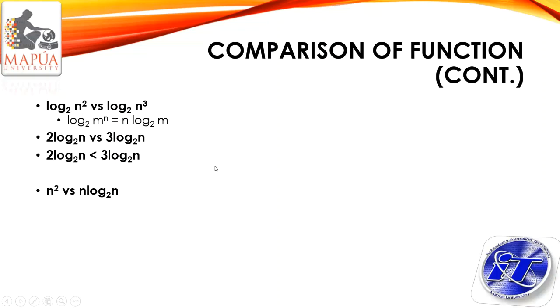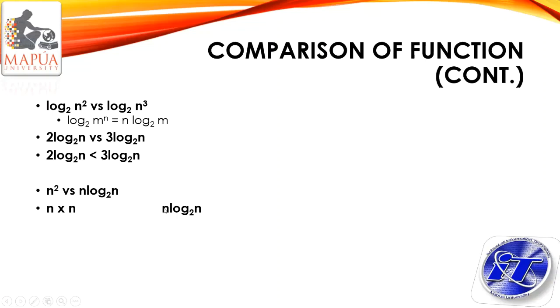Another example. So n squared versus n log n, which is faster, which has a lesser growth rate. Let's transform n squared as n times n, and the second is still n log n.